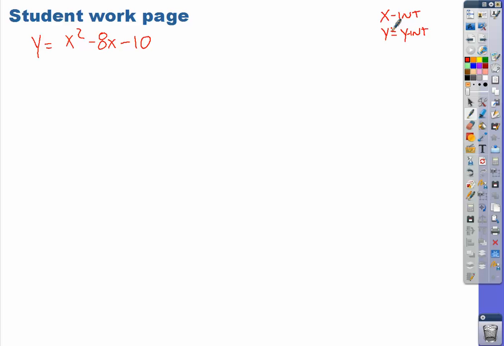I'm going to do this with the factored form equation for the x-intercept. For the y-intercept, it's going to be the expanded form. And then, moving on, I'm going to look for the line of symmetry, and then finally the minimum or the maximum.